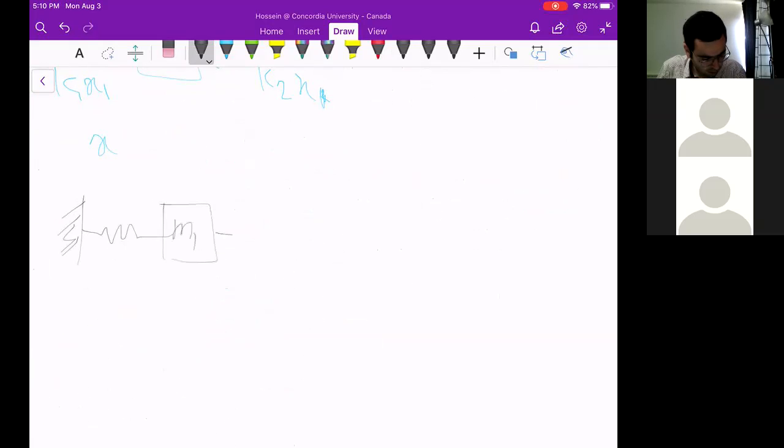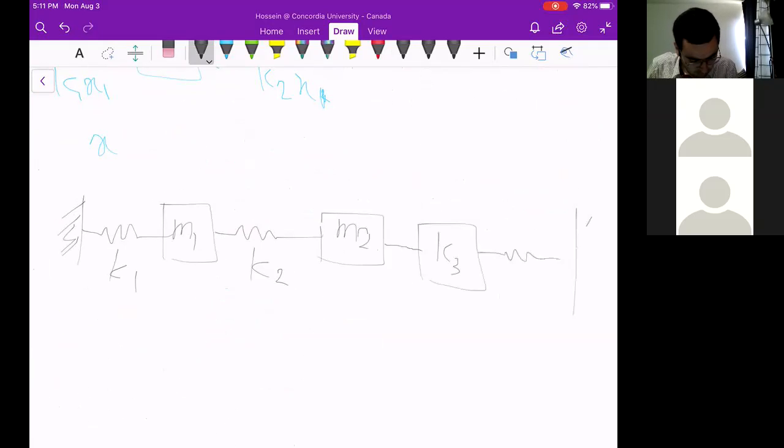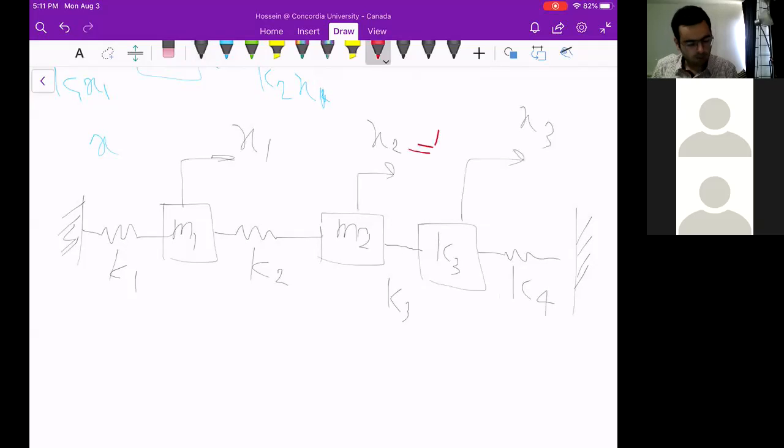M1, K1, K2, M2, K3, K4, X1, X2, X3. So for the second column, we apply a unit displacement at 2, while making sure the displacements at 3 and 1 are 0.